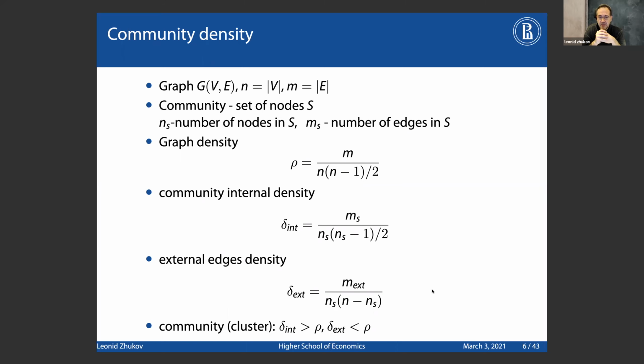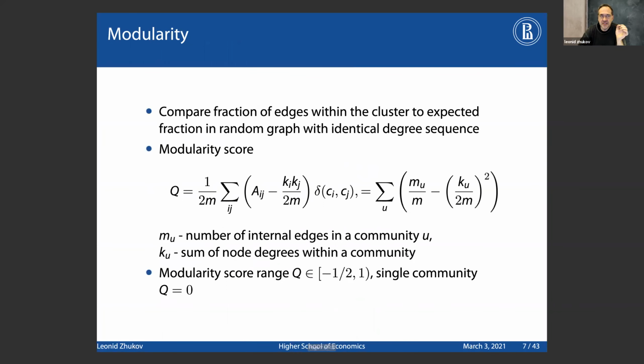At the same time, we also have a challenge here: density is not sensitive enough for us to identify communities precisely. So instead, people often use the notion of modularity. In fact, we already introduced this metric once when we talked about assortative and disassortative mixing.